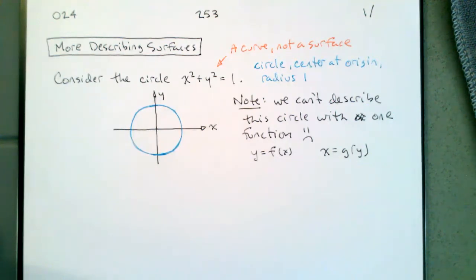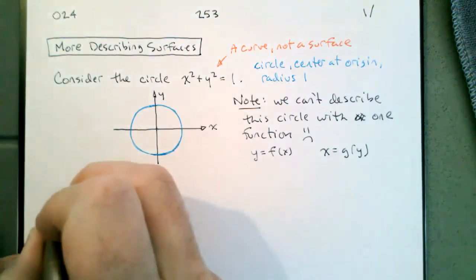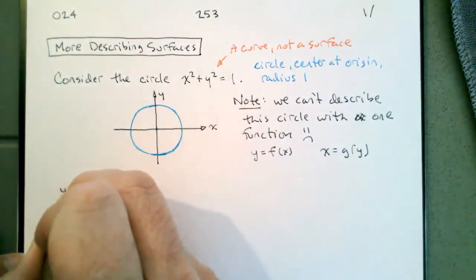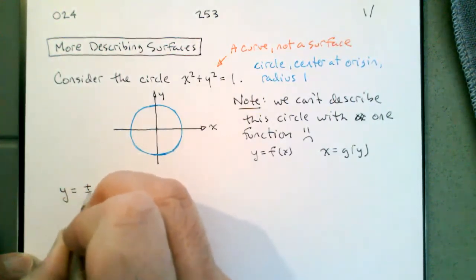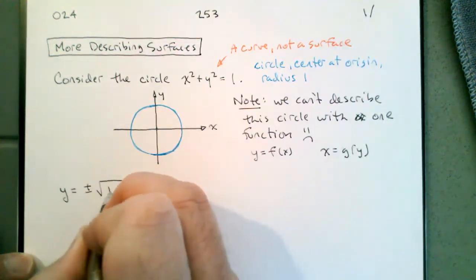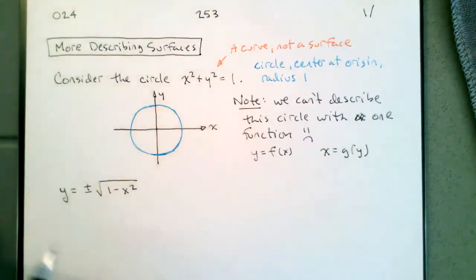And we know where this comes from. That's why I started with this example. If I try to solve this equation for y, I have to do a square root. And because we're trying to find all the values, we need a plus or minus. So y is equal to plus or minus the square root of 1 minus x squared.